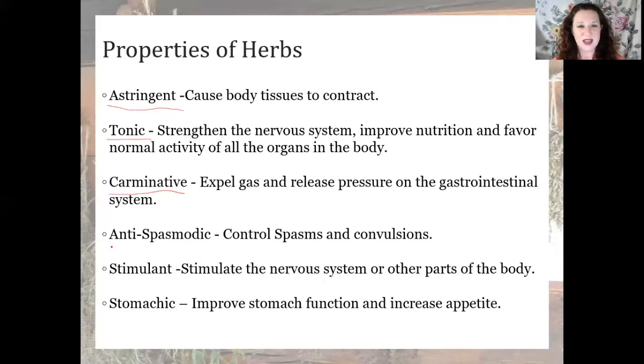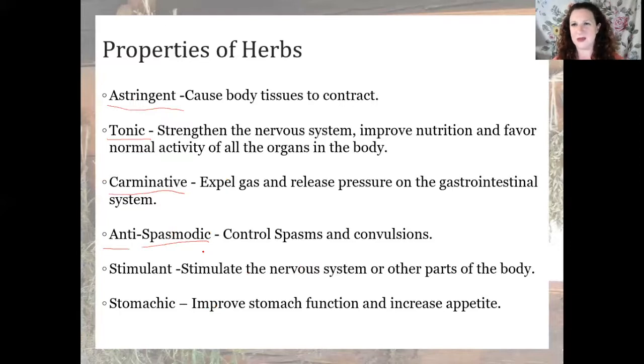So the next one is an antispasmodic. An antispasmodic, the definition is something that controls spasms and convulsions. Most herbs that we are going to talk about that have this property, when we say control spasms, we're talking about something within the stomach, something like colic or upset stomach issues.